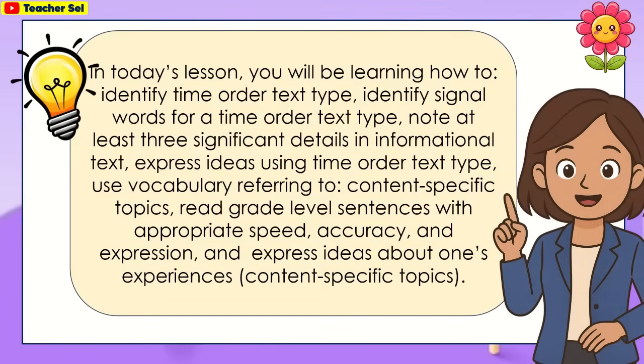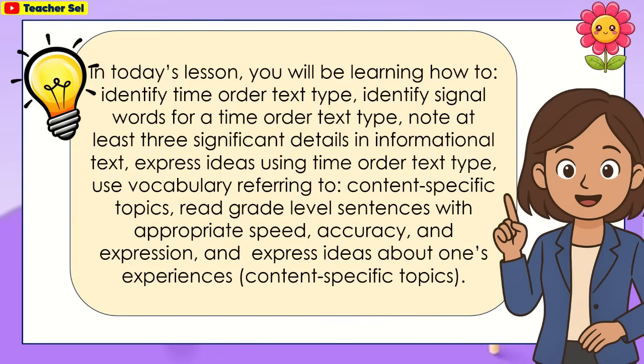In today's lesson, you will be learning how to identify time order text type. Identify signal words for a time order text type. Note at least 3 significant details in informational text. Express ideas using time order text type. Use vocabulary referring to content-specific topics.